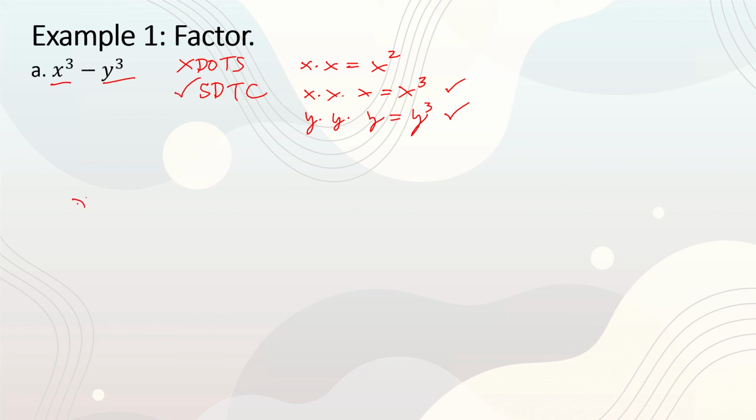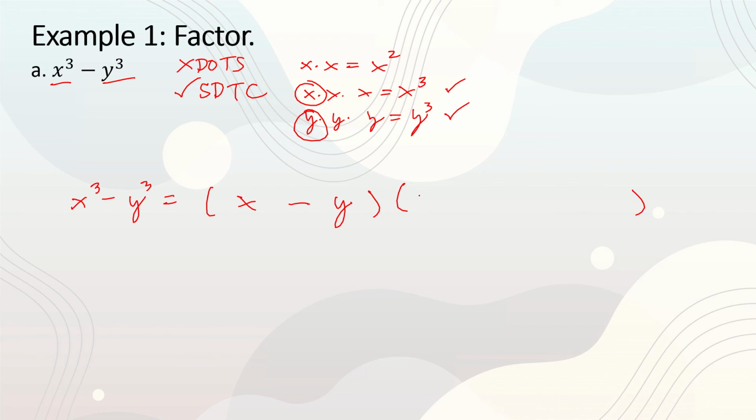To find out the answer, you must think that there must be a binomial and a trinomial. First, in our binomial, just copy the operation, minus. Get the cube root of x cubed, which is x. Second term, get the cube root of y cubed, so y.